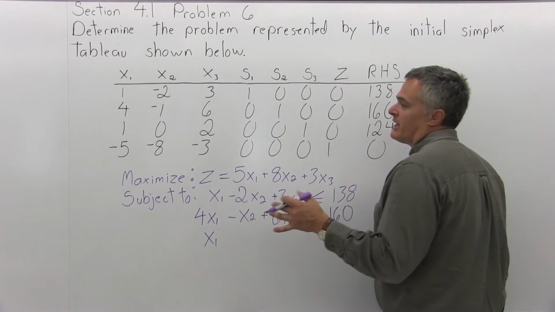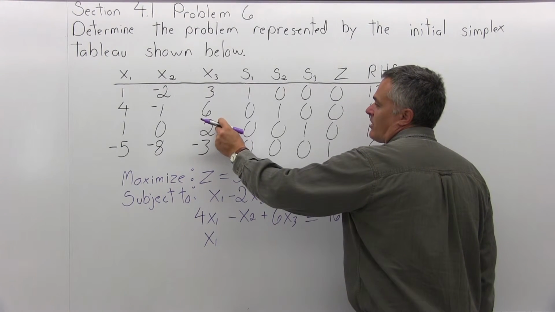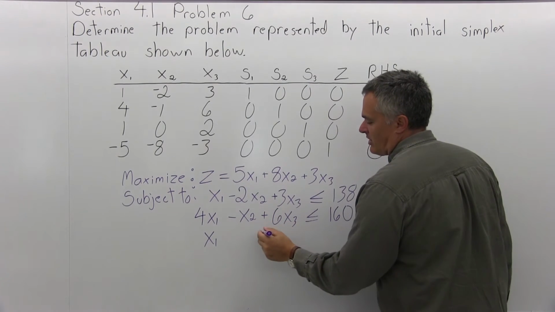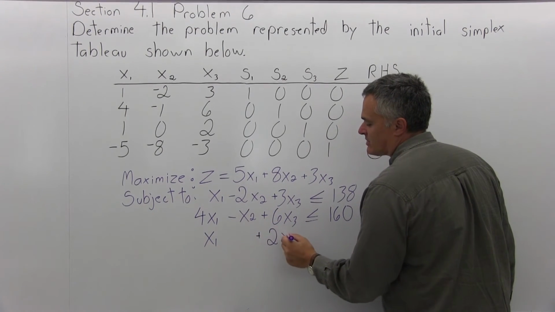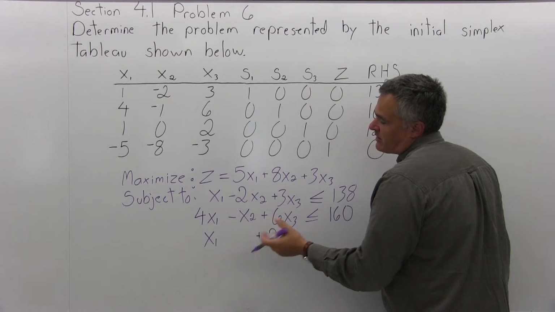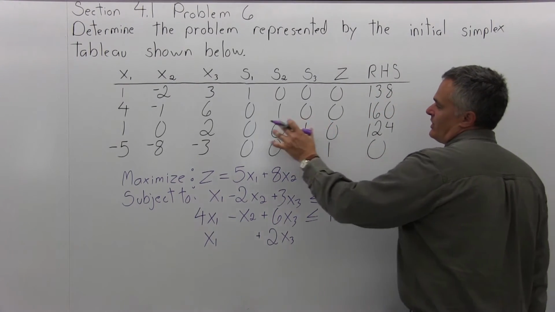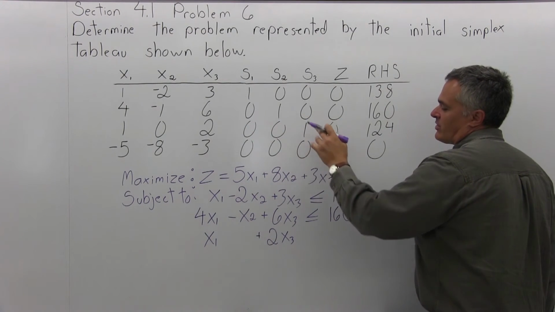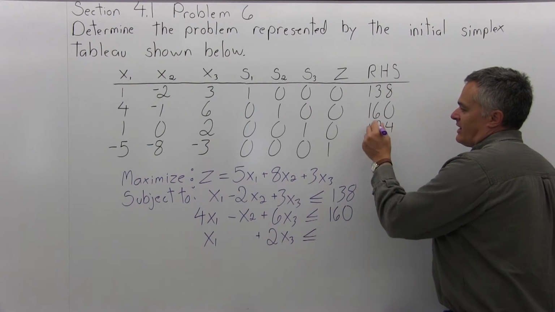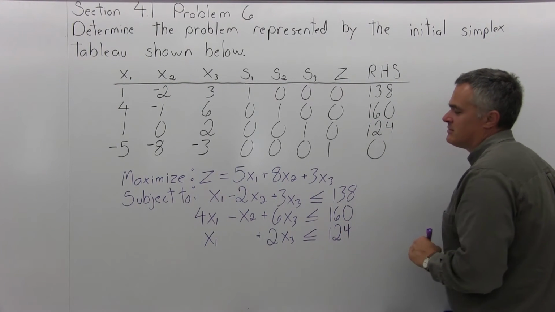But I just won't put any x2 at all. So the next thing in my third row is a 2 that shows up in the x3 column. So I would have plus 2x3. And I don't have to line it up with the other x3s, but I like the way it looks better. And then the other 0s and 1s that are in my third row, I can just go right to the less than or equal to symbol, and then on the right-hand side of that, write 124.